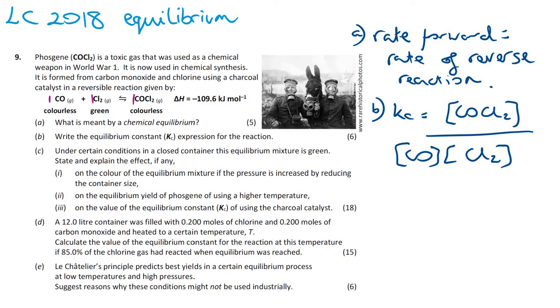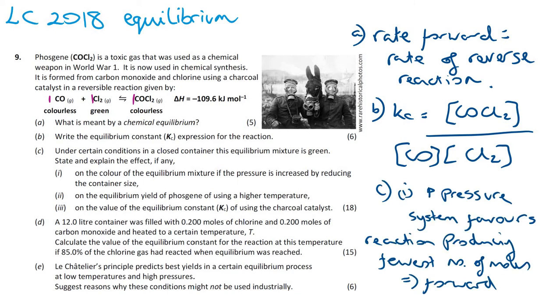There are fewer molecules on the right hand side, so the system will counteract that increase in pressure, favouring the reaction that produces the fewest number of moles. So it's going to favour the production of Cl2. So therefore the reaction is going to become more colourless.